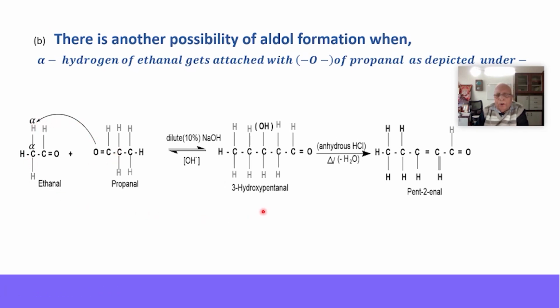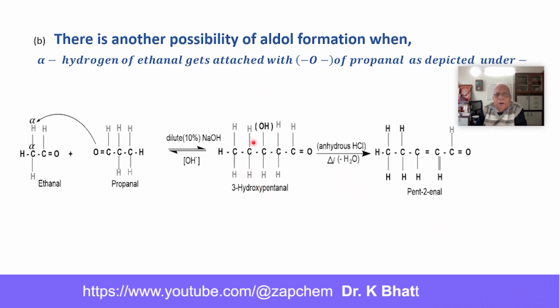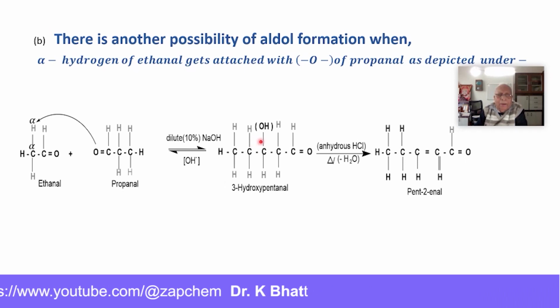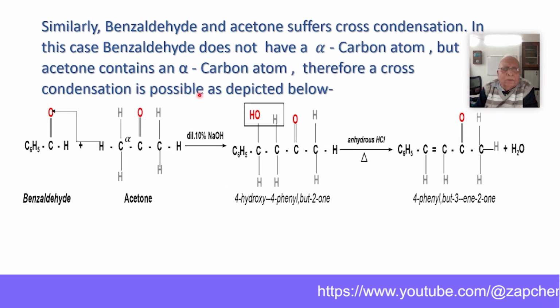You get a product here which is 3-hydroxypentanol, and again the same way, because of the closeness of H and OH on adjacent carbon atoms, there is a loss of water molecule under anhydrous acidic conditions and you get pent-2-enol.